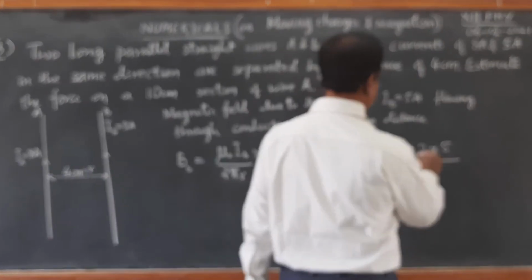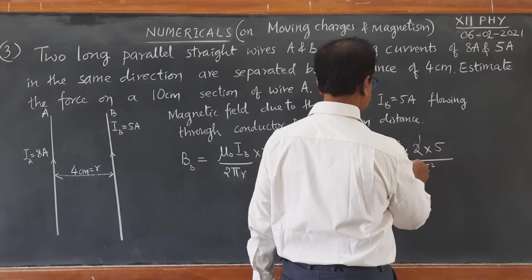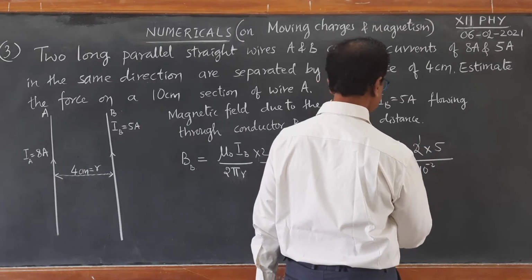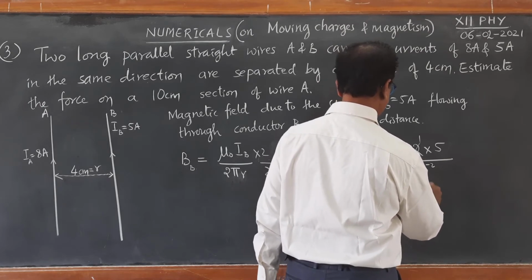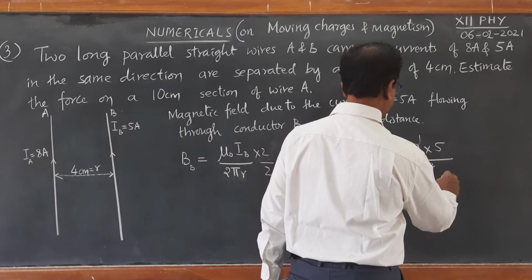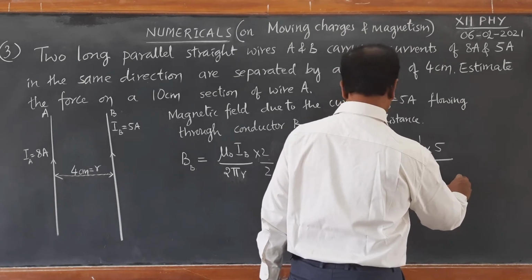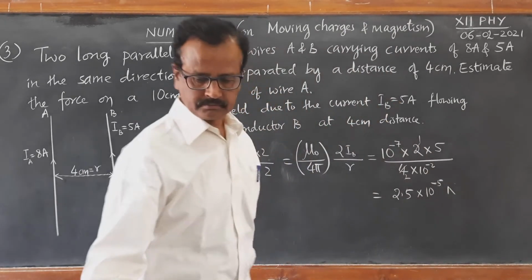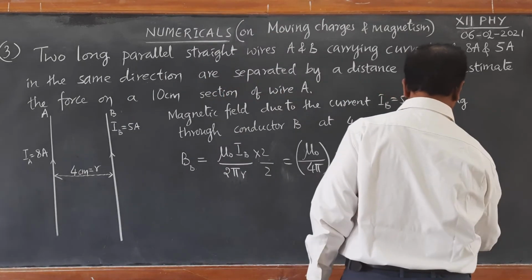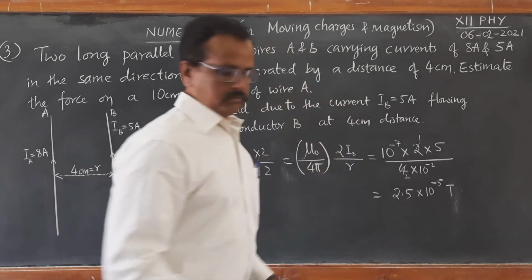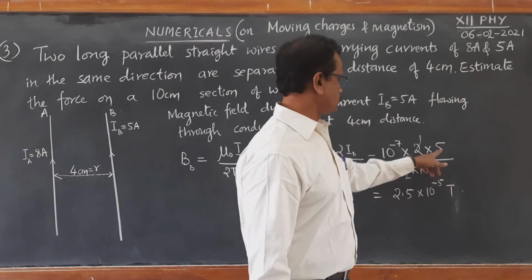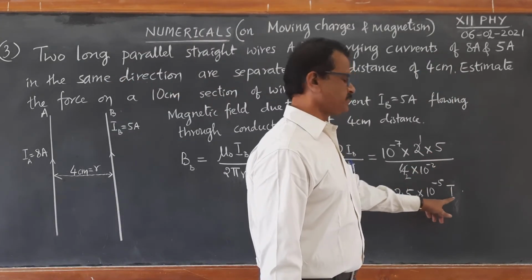So it becomes 2 ones are 2, 2 twos are 4. Thus it becomes 2.5 into 10 raised to minus 5 Tesla.